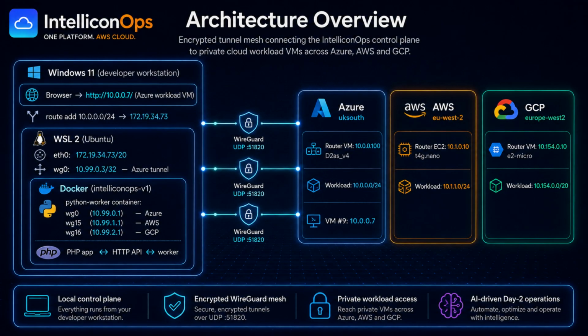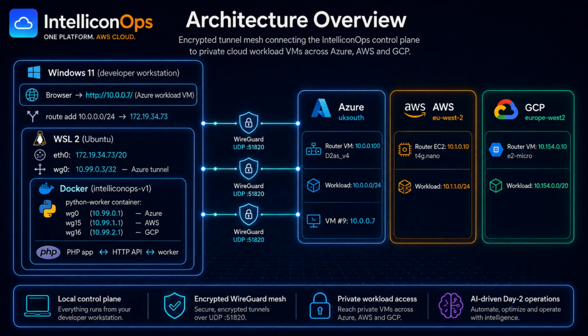So let's look at what actually makes up that control plane. Windows 11 provides the development workstation and browser interface. Inside Windows, Ubuntu runs under WSL 2 and provides the Linux networking environment that IntelliconOps uses. Within WSL, Docker hosts the IntelliconOps application and its supporting services.